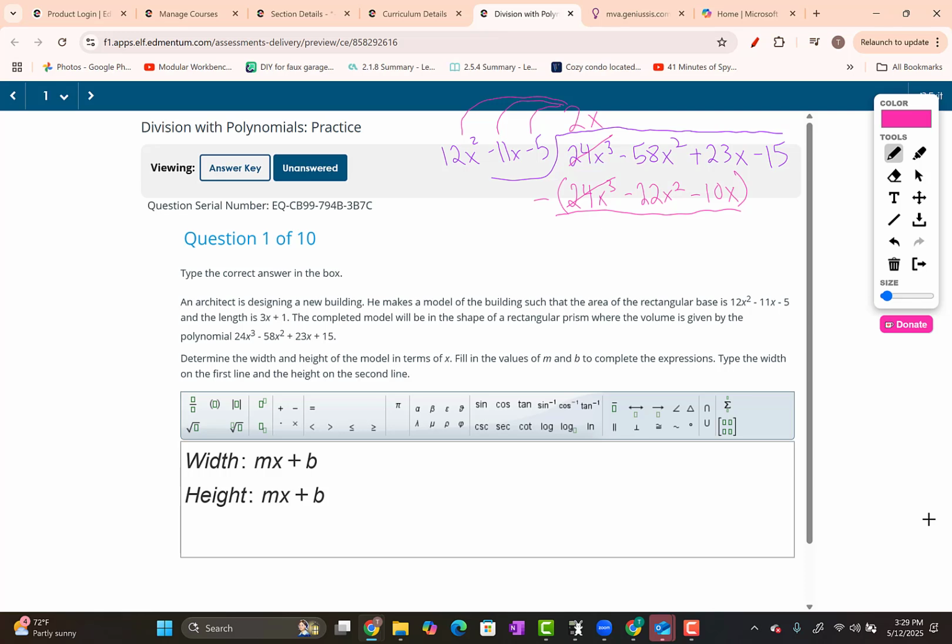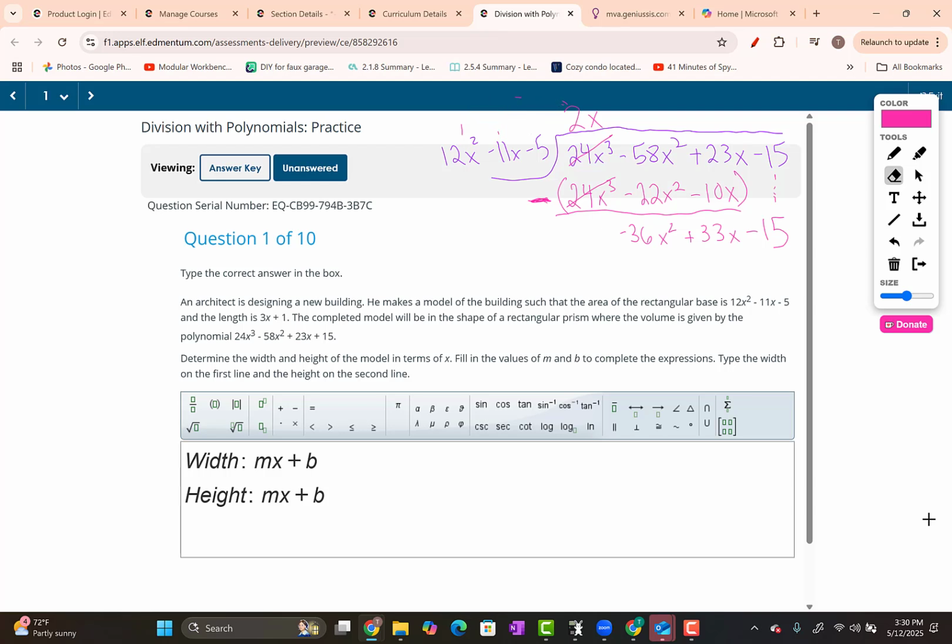Negative 58 minus a negative 22 is the same thing as negative 58 plus 22, which is negative 36x squared. And then 23 minus a negative 10 is 23 plus 10, which is 33x. The last term, negative 15, is going to drop down.